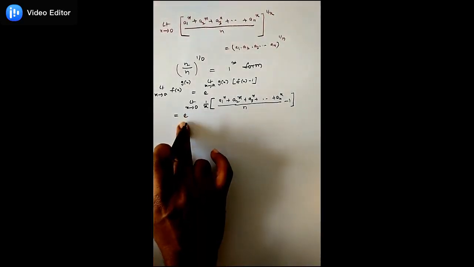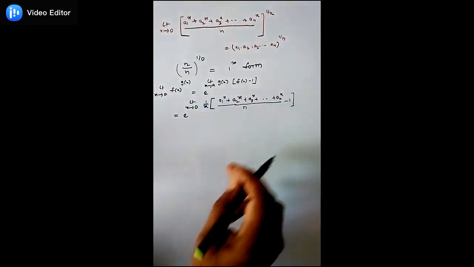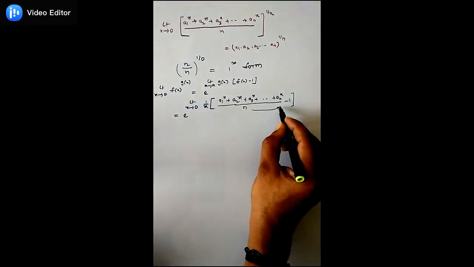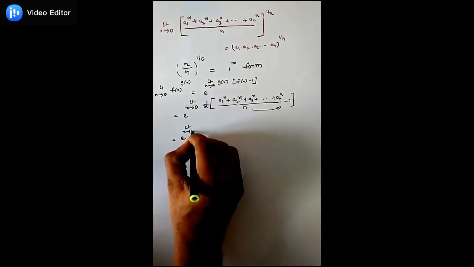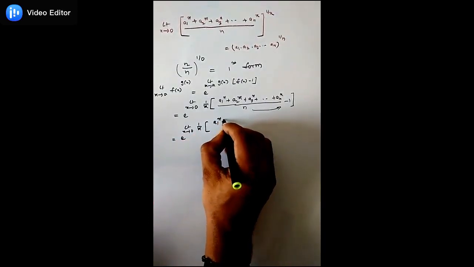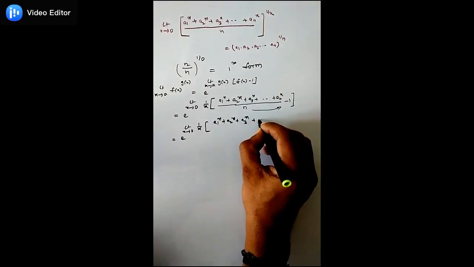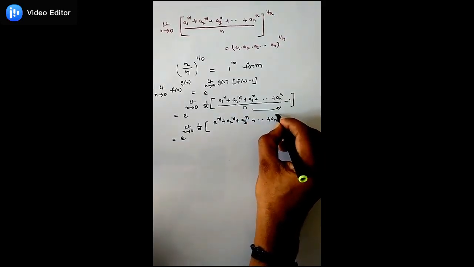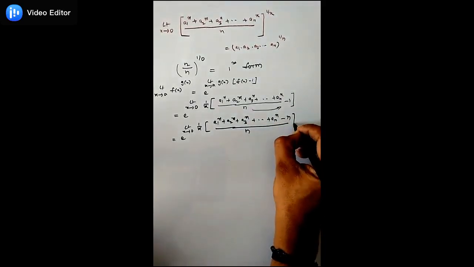So this is e to the power limit x tends to 0, g of x into f of x minus 1 form. Now take LCM here. Limit x tends to 0, 1 by x into a1 power x plus a2 power x plus a3 power x and so on plus an power x minus n, by n.